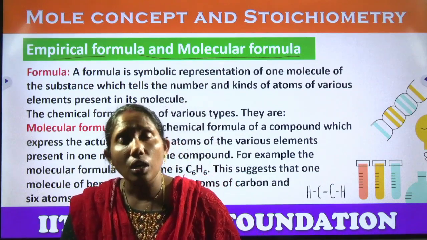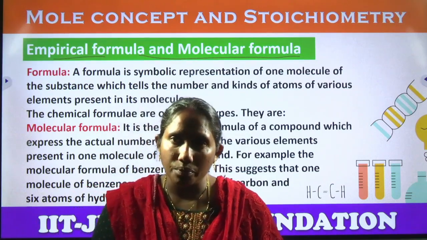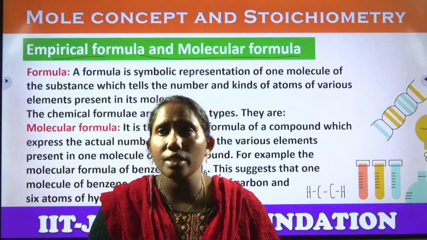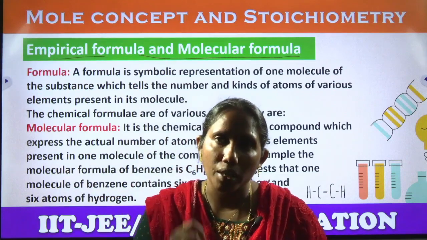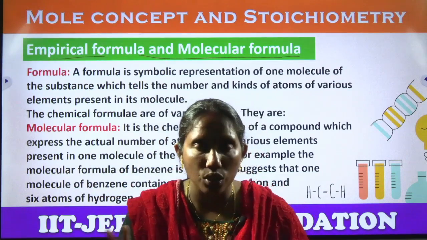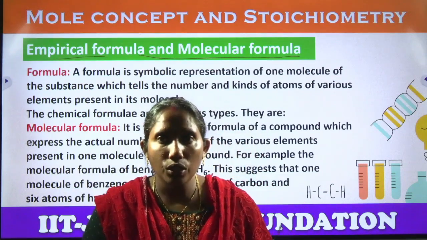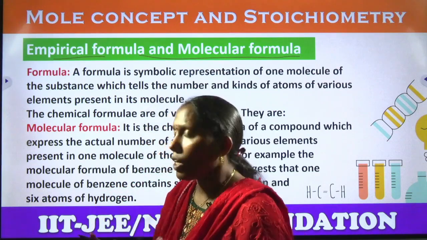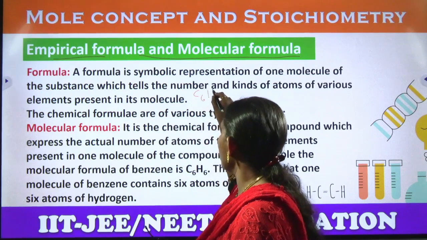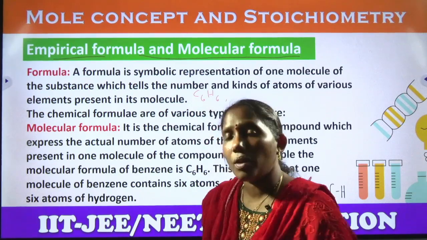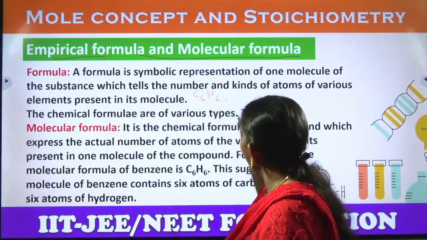Now come to the empirical formula. The empirical formula is nothing but the simplest ratio of the actual number of atoms present in the molecular formula. Don't confuse here, just see. What is the molecular formula for benzene? C6H6. What is the molecular formula for hydrogen peroxide?